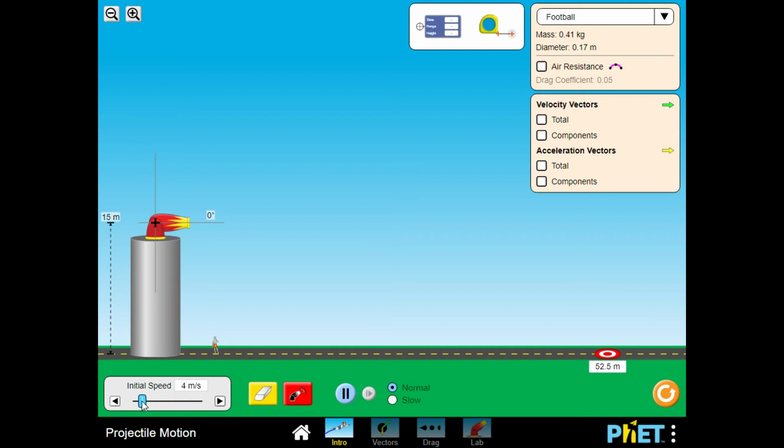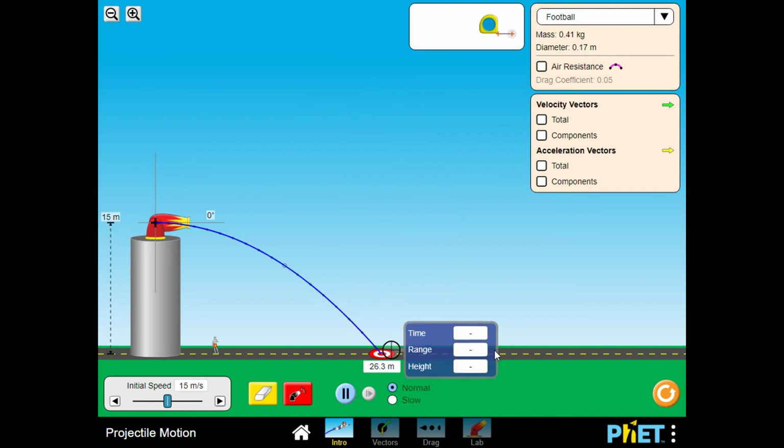Let's start again at a constant initial horizontal velocity. The range is 26.23 and the flight time is 1.75 seconds.